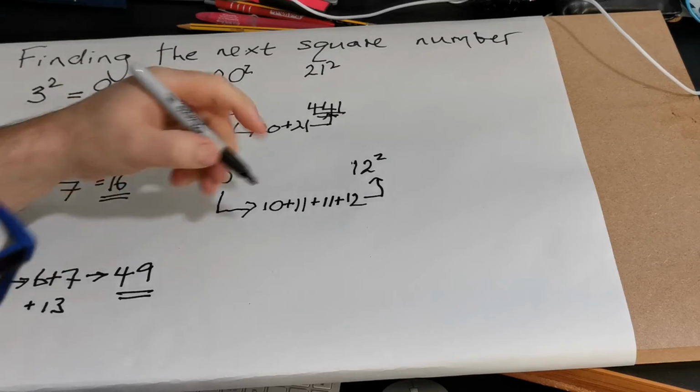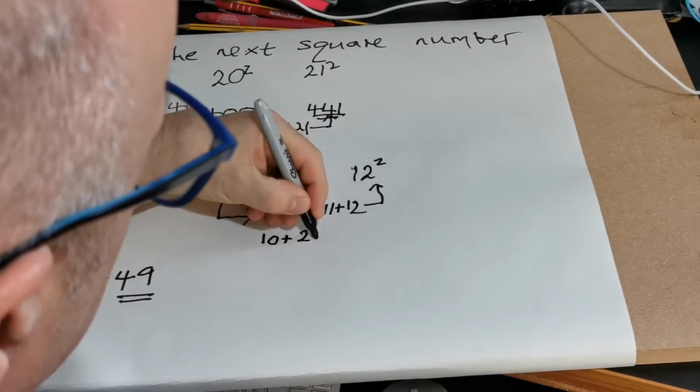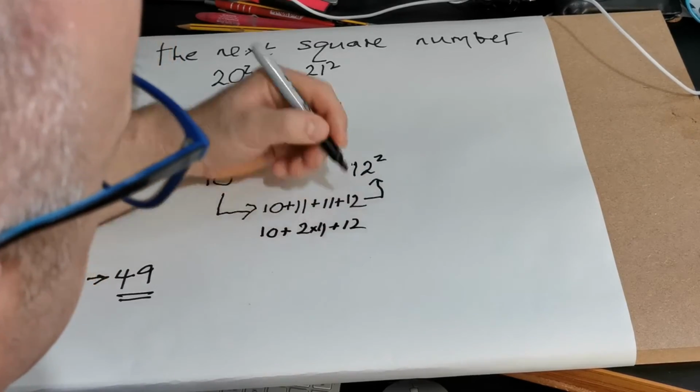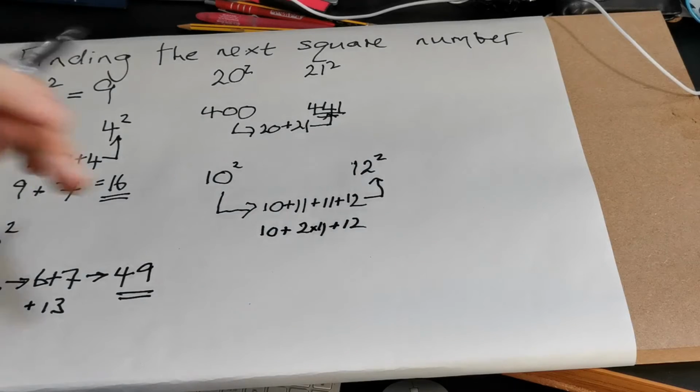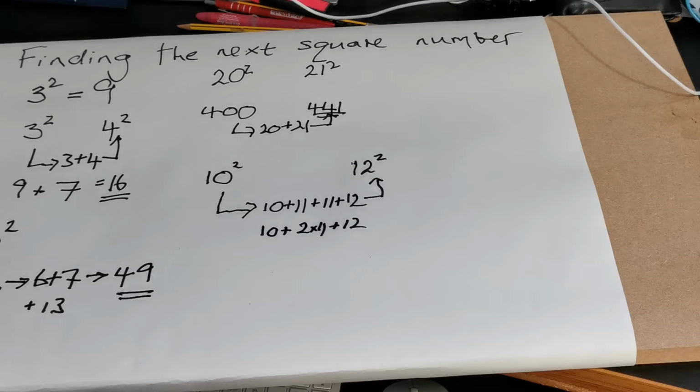So what we've got in the middle here is 10 add 2 times 11 add 12. And it's no coincidence actually that 10 add 12 adds to the same as 2 times 11.